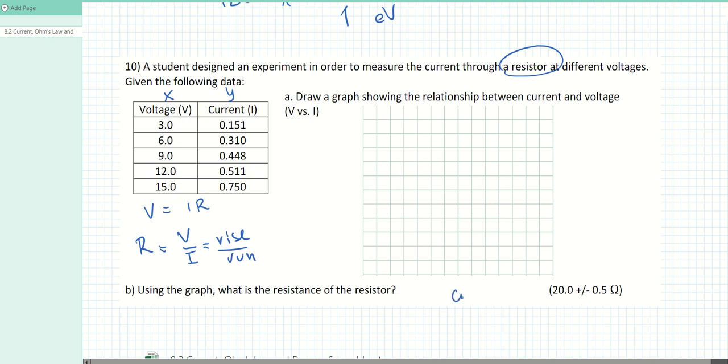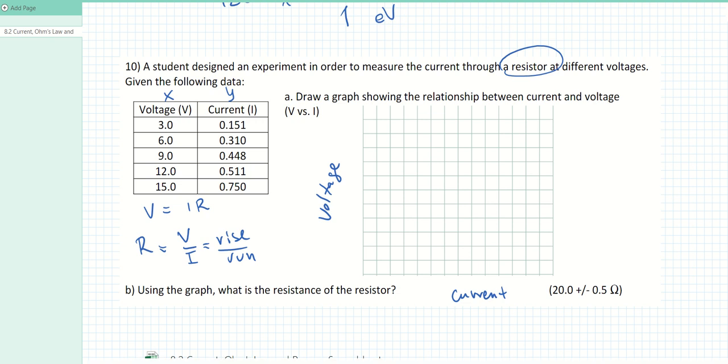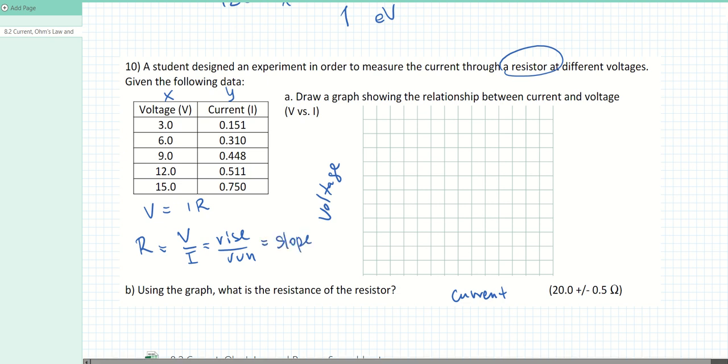So this is going to be your current, and this is going to be your voltage. If you flip them, you're not going to get the right answer. But if you get it right, then it's just a matter of setting the proper scale, graphing it, and then looking at the slope. Remember, the slope of V over I is going to be the resistance.